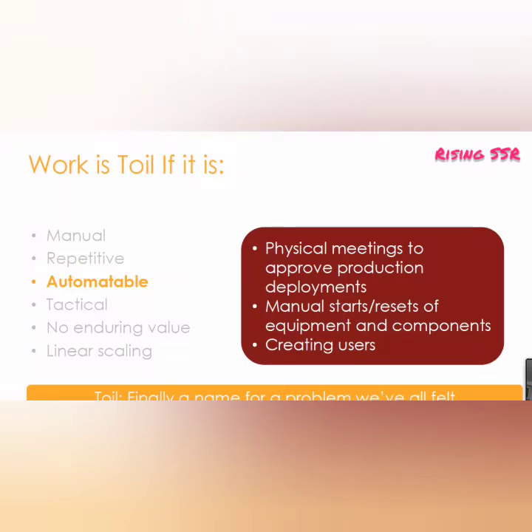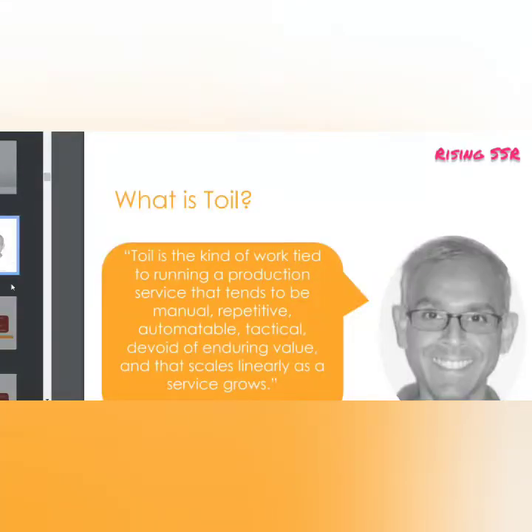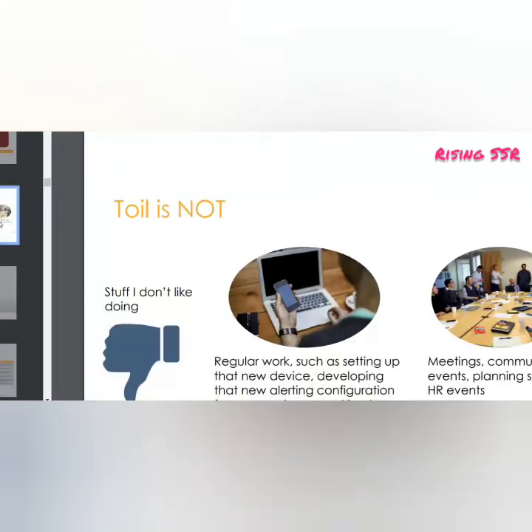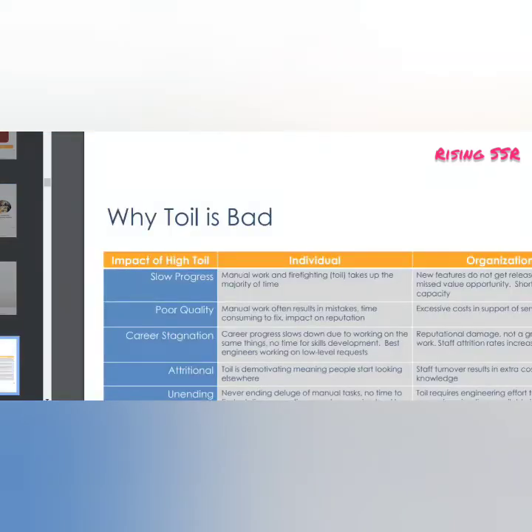I don't need that CAB meeting at all, right? So those kinds of things can be eliminated in the current state. If you see, these kinds of things are basically toil, right? So work is a toil if it is automatable, and we know that it is automatable and we are not taking any action to automate it.